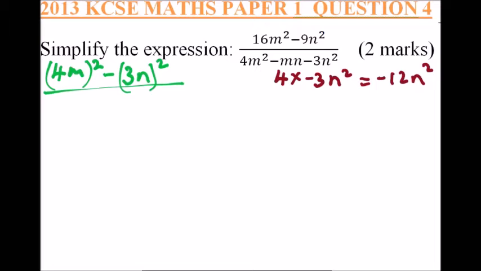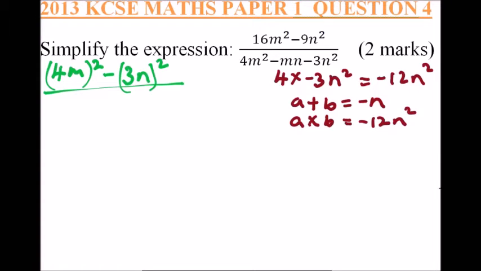Now you get two numbers, a and b. Their sum should give you the coefficient of m, which is minus n, since we are considering n as a constant. And when you multiply the two, you should get minus 12n squared.